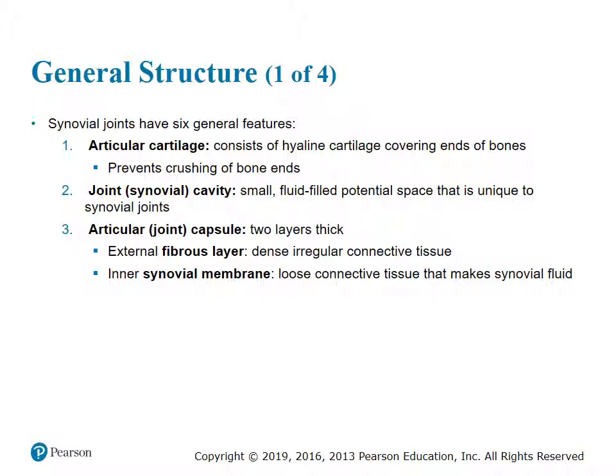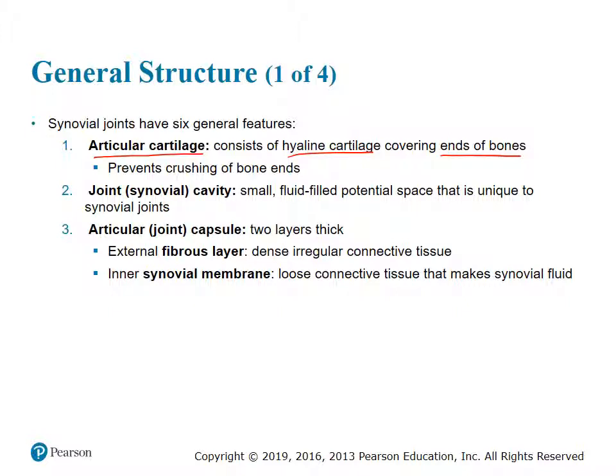Okay, so let's talk about the characteristics, the 6 characteristics that every synovial joint will have, okay? Synovial joints will always have articular cartilage. We call this articular cartilage because this is hyaline cartilage, and I told you that there was going to be different types of connective tissue. We're discussing the first type of connective tissue, hyaline cartilage, that covers the ends of the bones that form these joints, synovial joints.